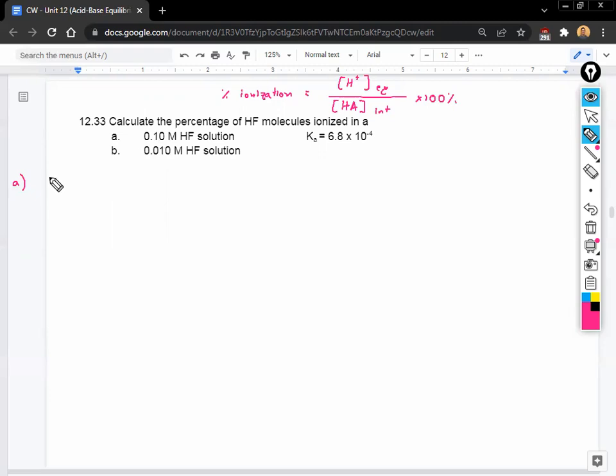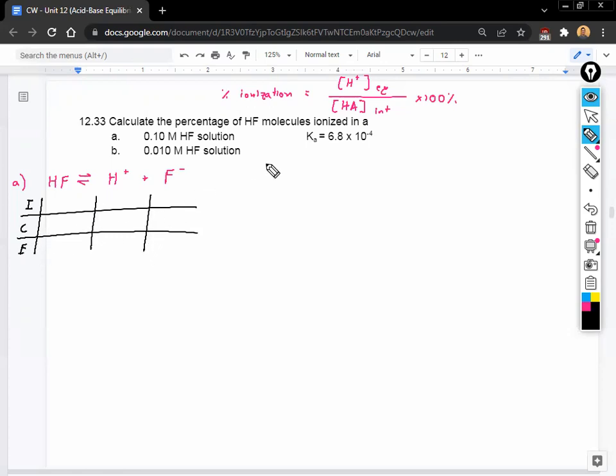So first I have an HF solution, so I'm going to write the equilibrium. It's going to break down to H plus and F minus. And I'm going to set up an ICE table, because we always love ICE tables. Okay, and in order to find the percent ionization of this compound, you need 2 things.